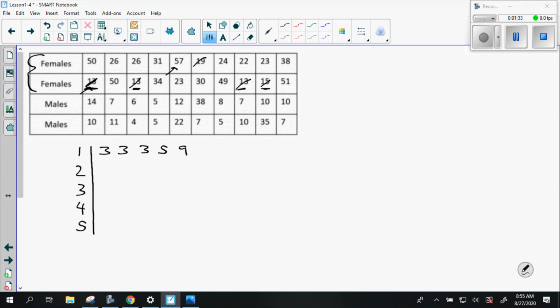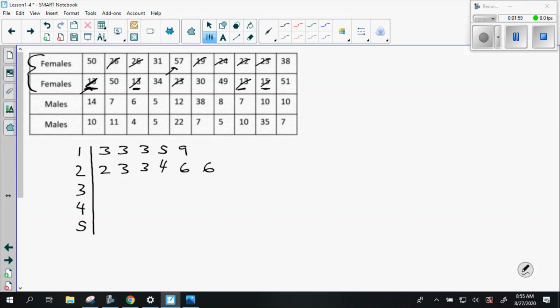Our lowest data value in the 20s is 22. We've got a 23, another 23 right here, a 24 right there, and it looks like two 26s. Beautiful.